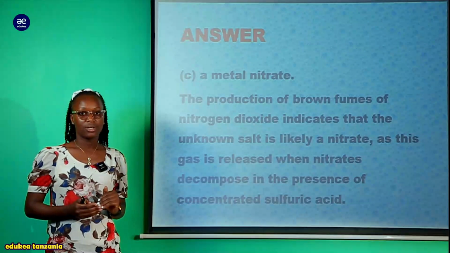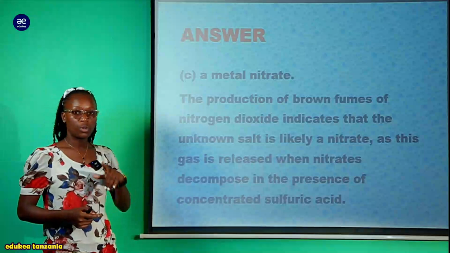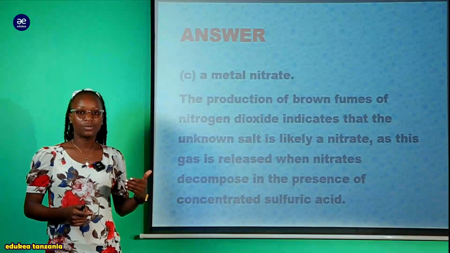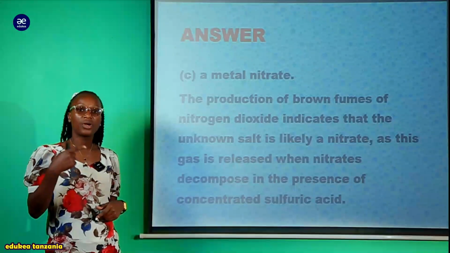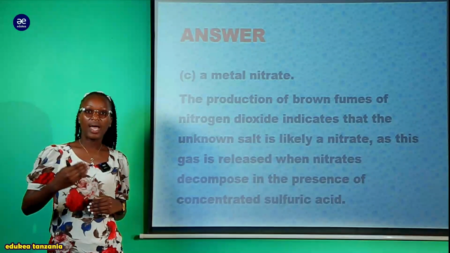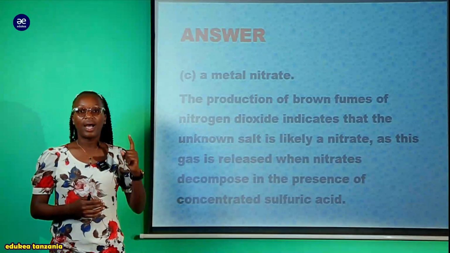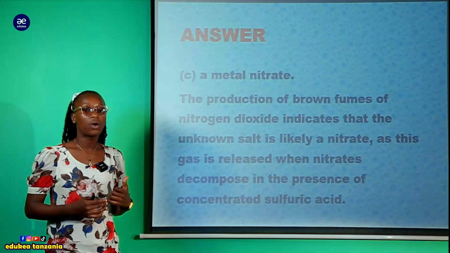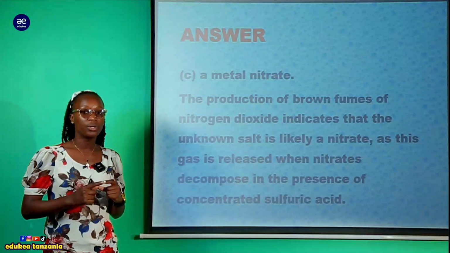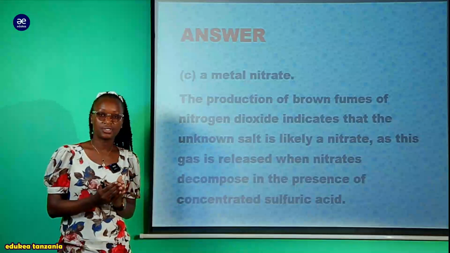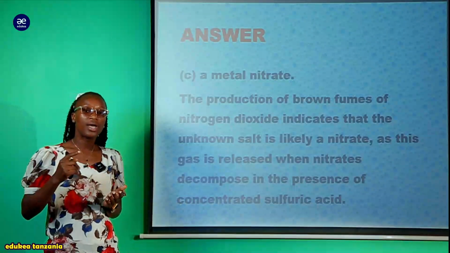Kwa hiyo hatuwezi kuzalisha nitrogen dioxide kama hatuna compound ya nani? Ya nitrate. Kwa maana hiyo tunaanza kuinterpret kwamba ile production of the brown fume ambayo ilikuwa ni nitrogen dioxide gas, itatuletea maana kwamba kumbe ile salt yetu ambayo ilikuwa ni unknown nature yake ni ya nitrate. Hiyo ni hatua ya kwanza.